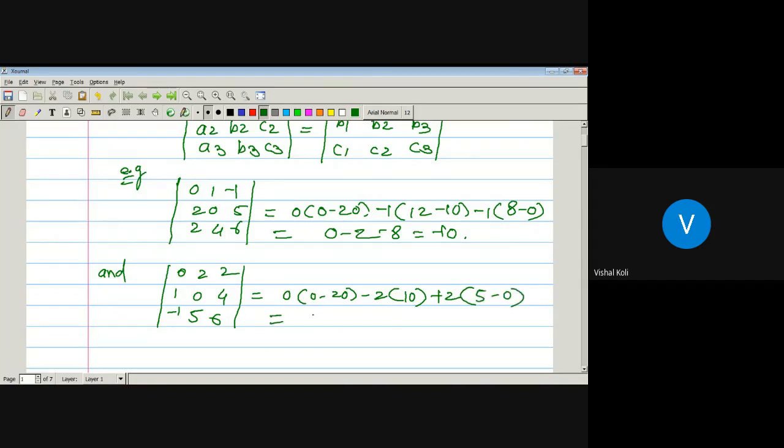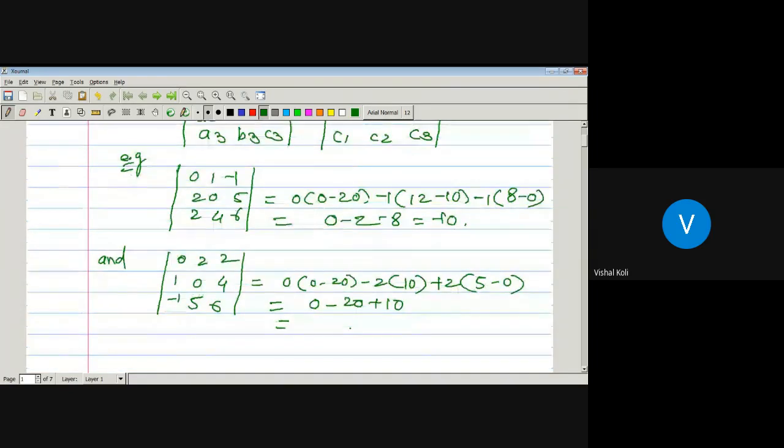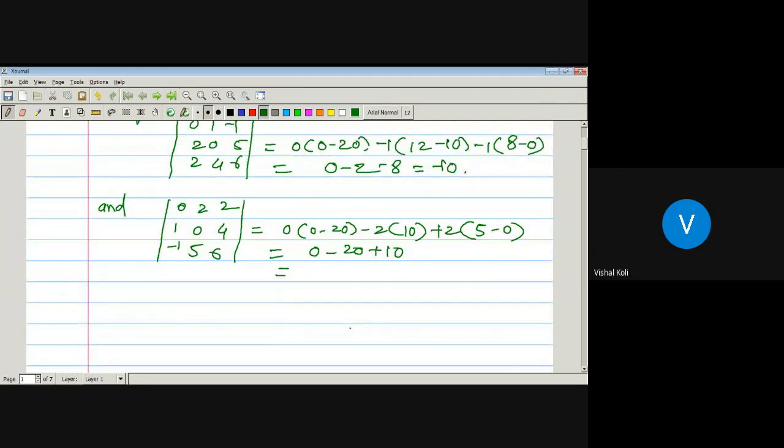I think there is a small mistake somewhere. 0 into 0 minus of 20, minus of 1 into 12 minus 10, minus 1 into 4 into 8, which is 0 minus 12 minus 10, 0 minus 20, plus 10, which is equal to minus 20 plus 10, minus 10. So here both determinants have the same value.